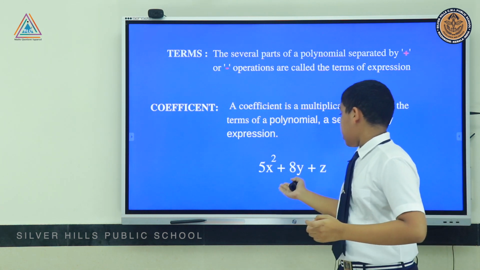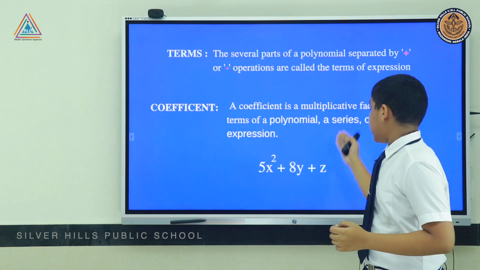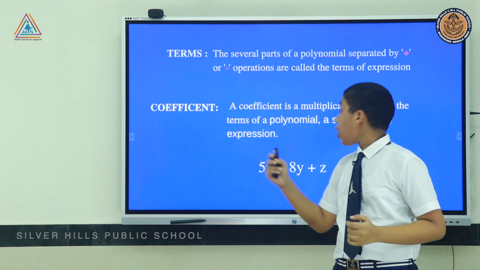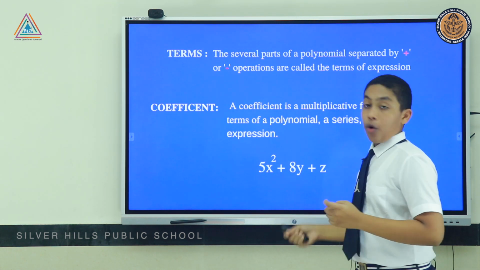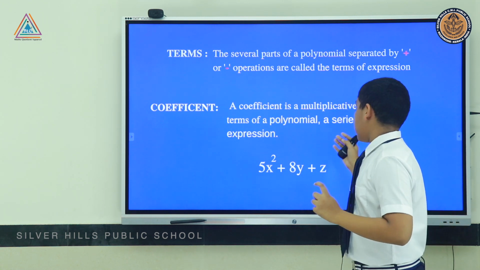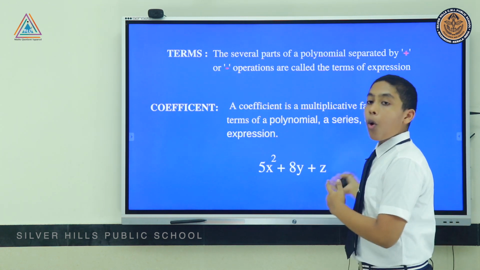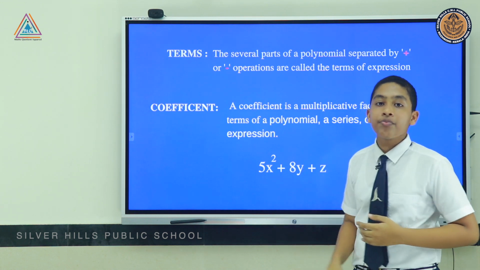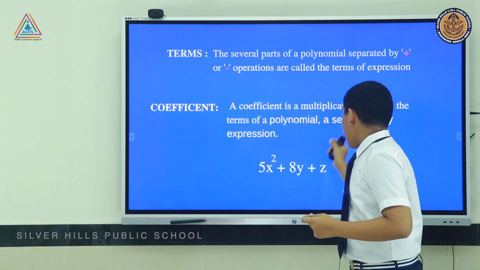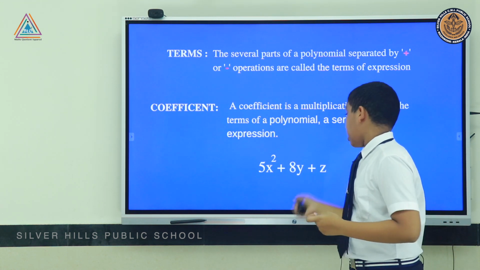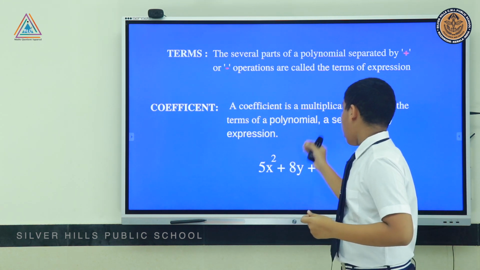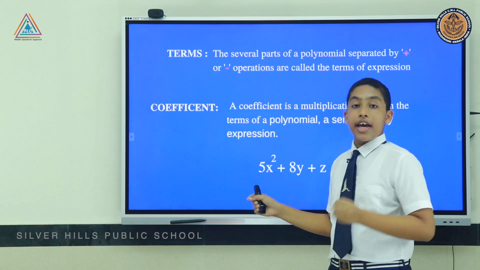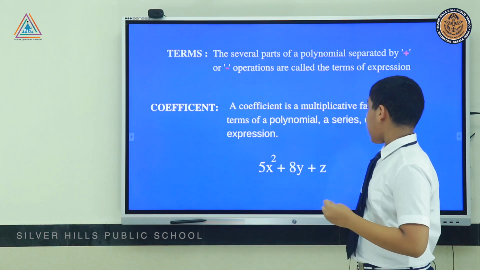So if you take the expression 5x square plus 8y plus z, the coefficient of x square is 5 and the coefficient of y is 8, and there is no number given with z. So what is the coefficient of z? In this situation, we take 1 as the coefficient of z. So the coefficients in this expression are 5, 8 and 1.